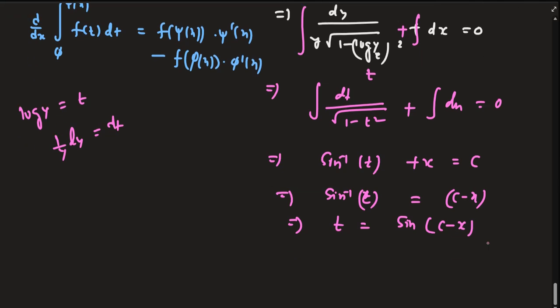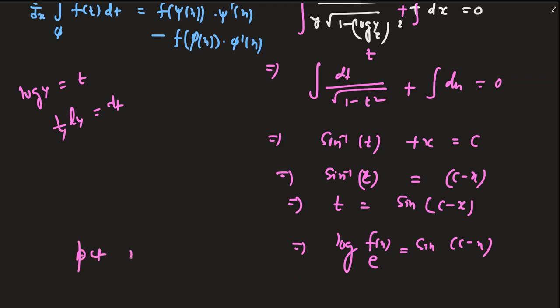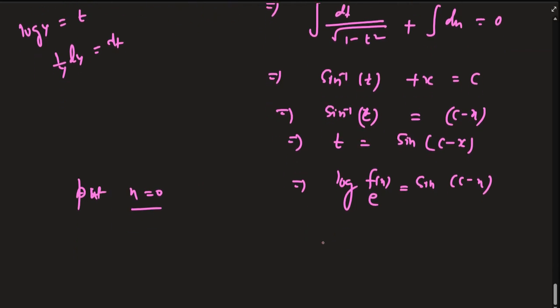Okay, now t is what? T is log of y. So log of f x base e is equal to sine of c minus x. So put here x equal to 0. At x equal to 0 the value of the function becomes e.